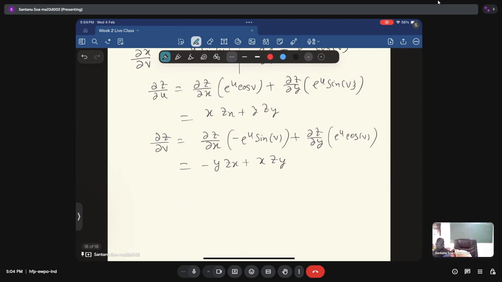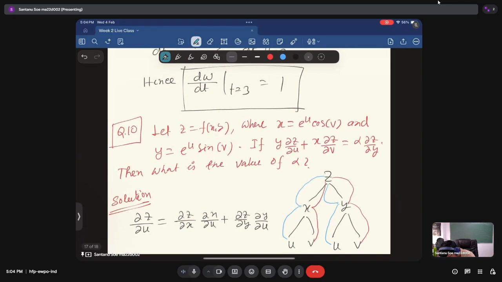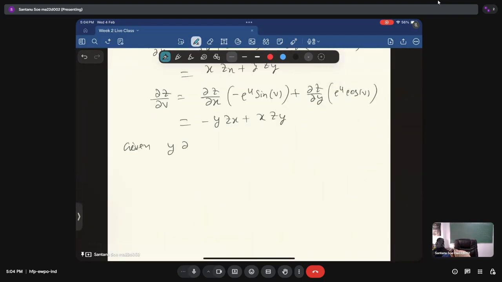Now it was given that y zu plus x zv equals alpha zy.